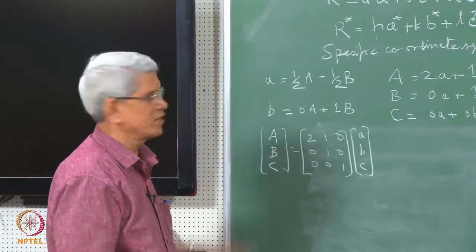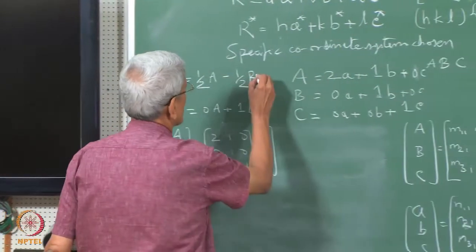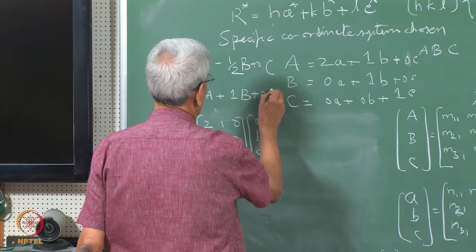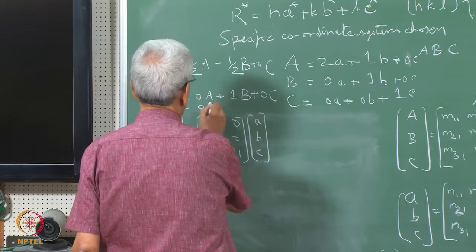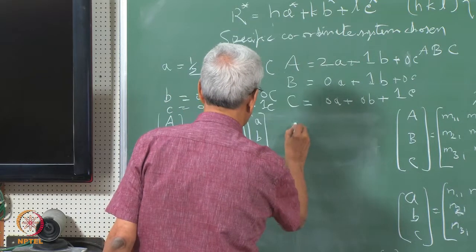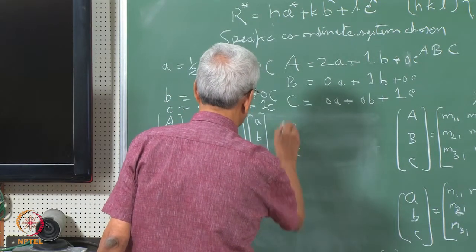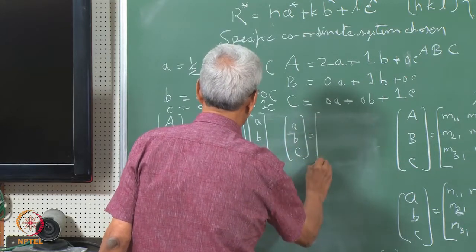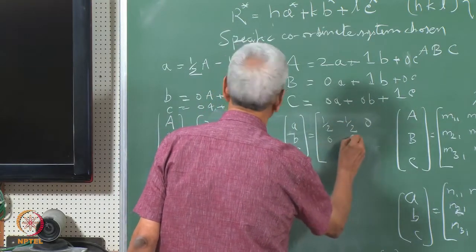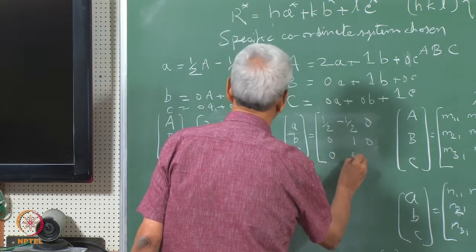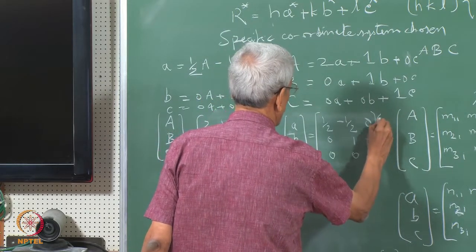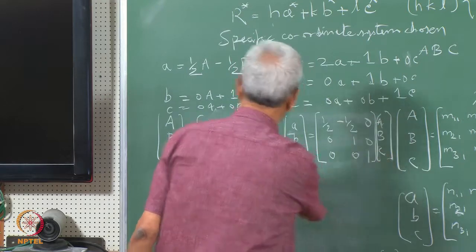Similarly, we can do a substitution here. As far as the A is concerned, there is no component in C. So this will become 0 into C, this will become 0 into C, and the small c will be 0 into A plus 0 into B plus 1 into C. So this, if we look at it, A, B and C will turn out to be half, minus half, 0, 0, 1, 0, 0, 0, 1 into A, B, C. This is how these two equations will turn out to be.